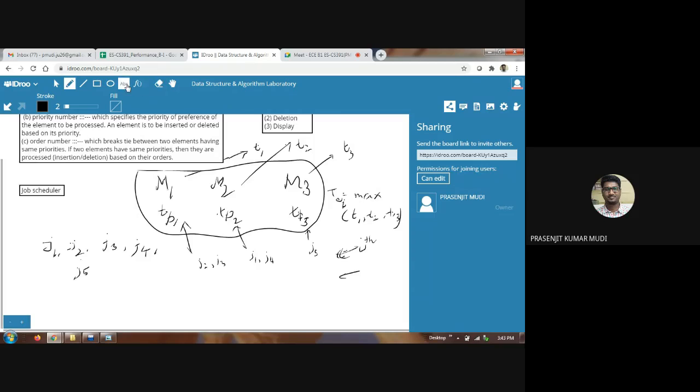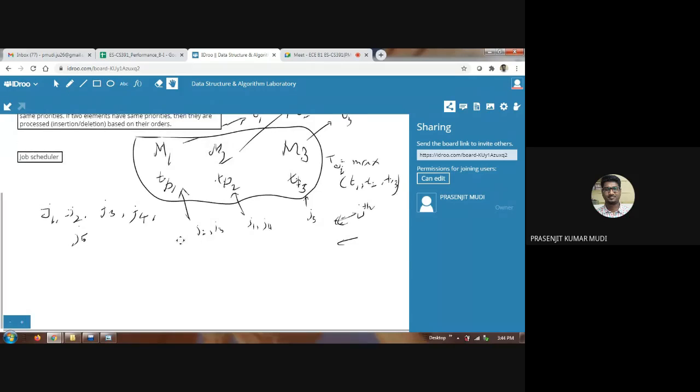So what is the problem now? The problem is to find the minimum TCi. There may be several TCi, out of which whichever TCi is the minimum, you will consider that TCi, and corresponding to that you will assign the particular combination to the parallel processors.